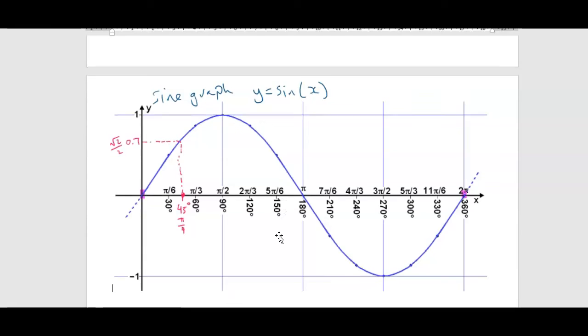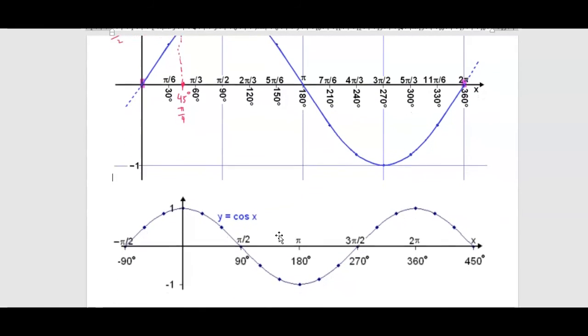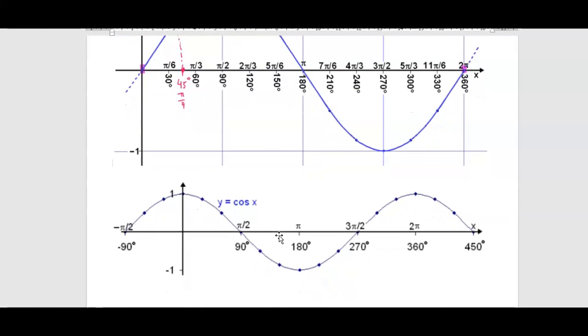Now, if we go to our cosine graph, it's not as detailed. Took it from the same website, but it's not as detailed as the previous one, but we've still got the degrees and radians on there. Your cosine and your sine graphs do continue on forever unless you restrict them. So you can see here it's a little bit different with the cosine graph. It started at -90 and it's going to 450, but we can deal with that.